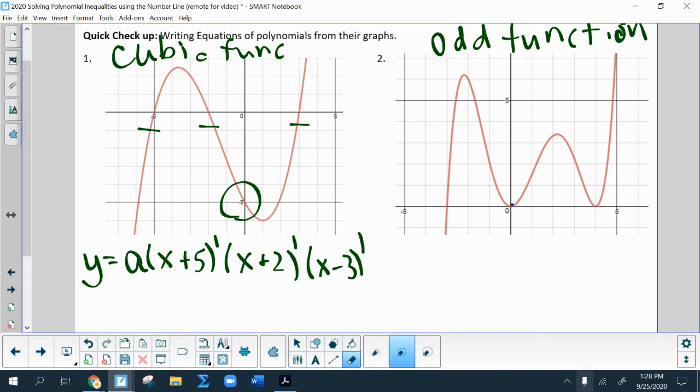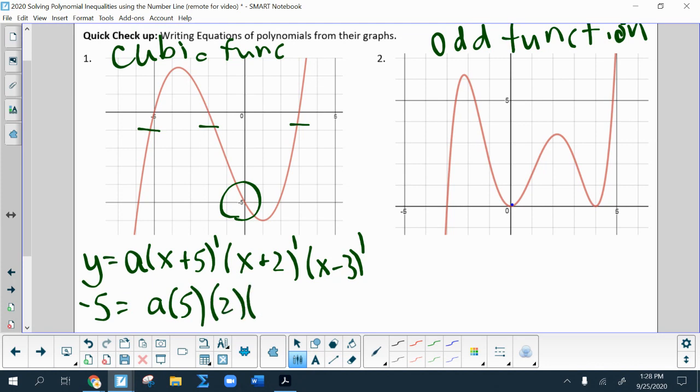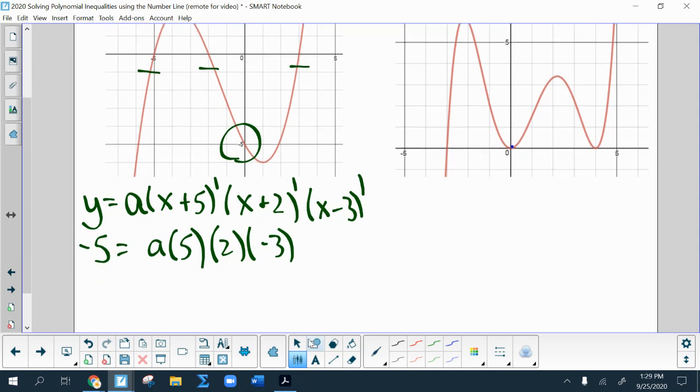So goodbye. And instead, what we do is we now substitute the -5 in for y and the 0 in for x to solve for the leading coefficient that will create the correct shape of our graph.